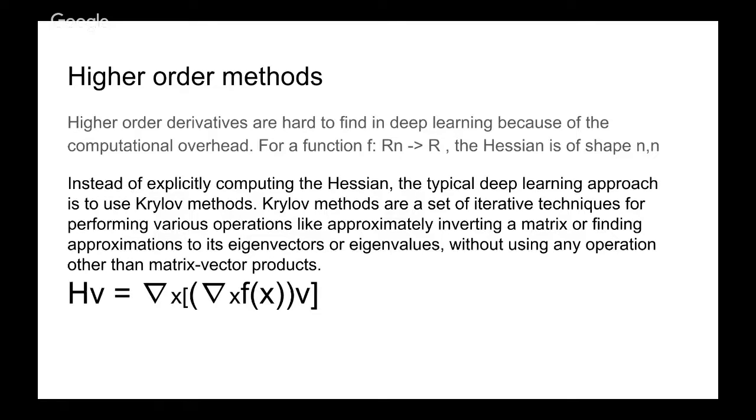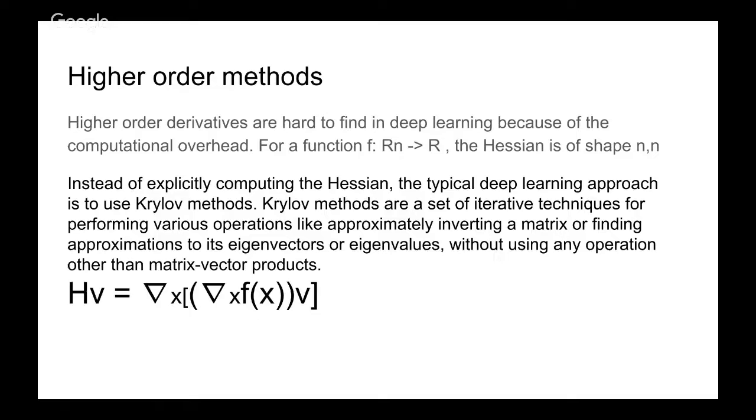So the Hessian is of the shape n cross n, even for a function that outputs a scalar. So it becomes harder to compute, and that's why it's not generally used during optimization.